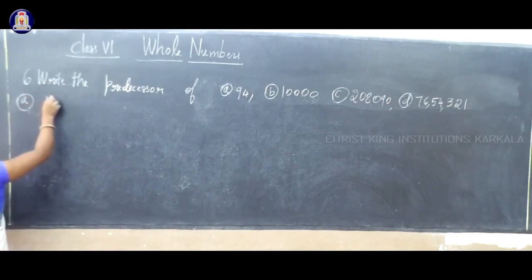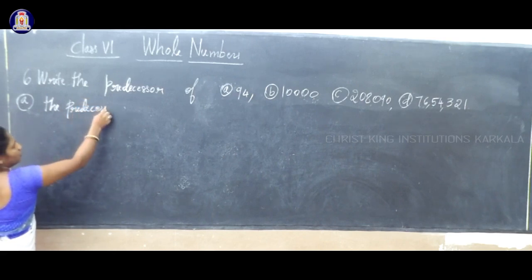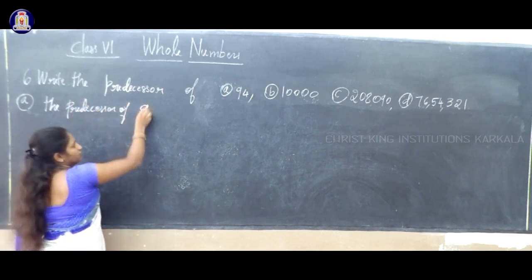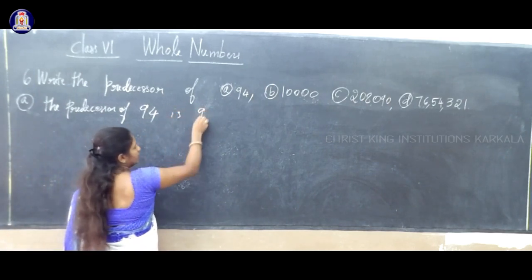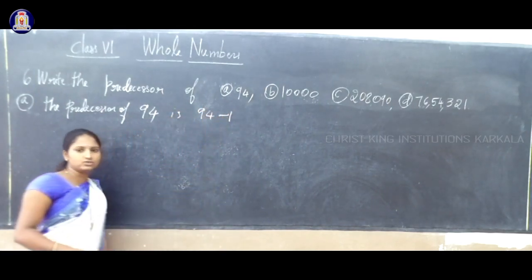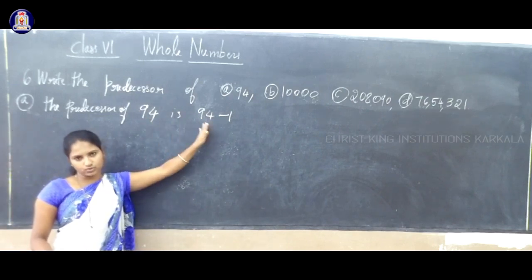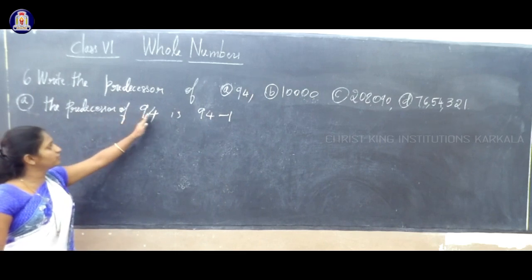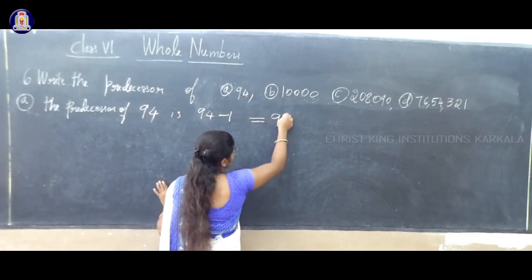So the first one is 94. The question is the predecessor of 94. How to find the predecessor of 94? 94 minus 1. If they ask to write the successor of 94, that is 94 plus 1. So this is the predecessor of 94, that is 94 minus 1, that is 93.